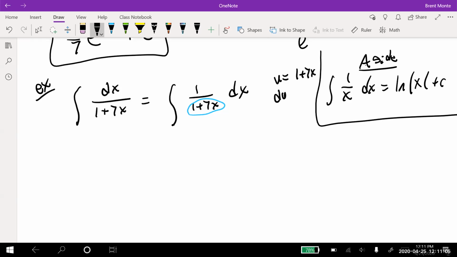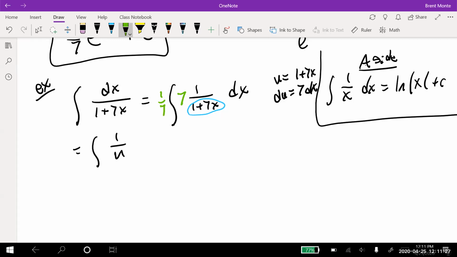And then du is just 7 dx. So what I get is that becomes 1 over u. Notice also I don't have the 7. I need a 7 dx, so I'm going to do what I did before. I'm going to do 7 on the inside, 1/7 on the outside.